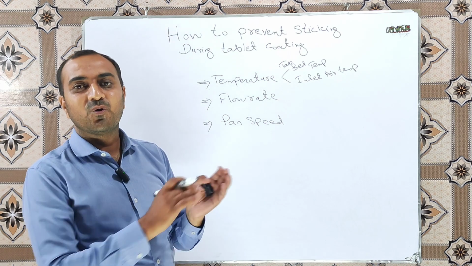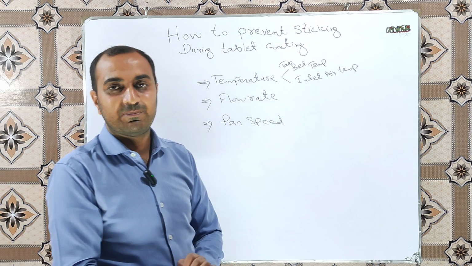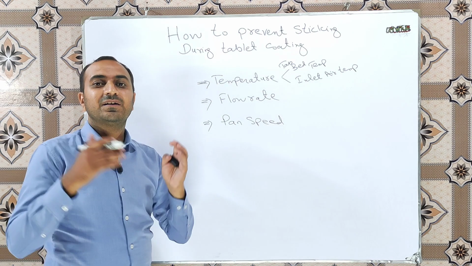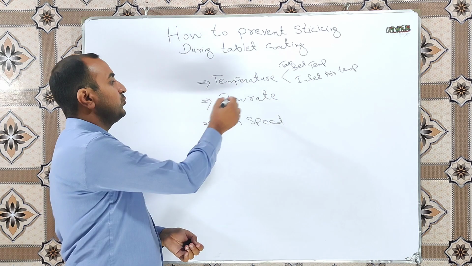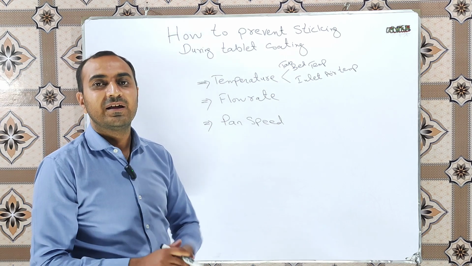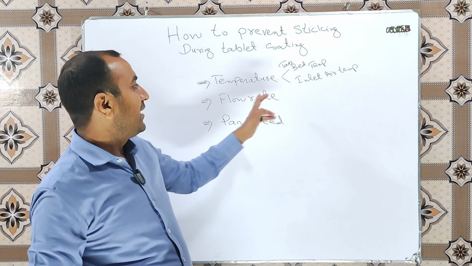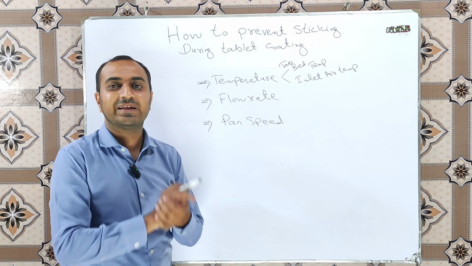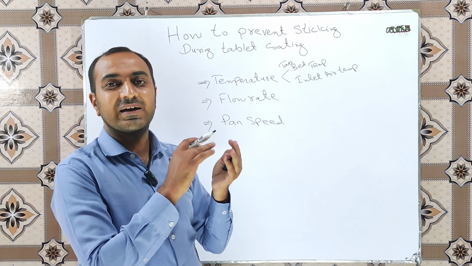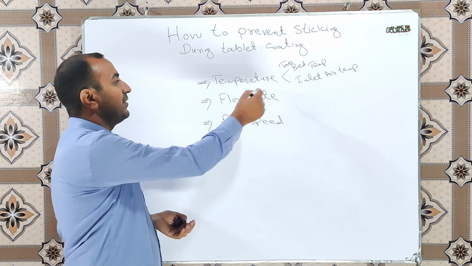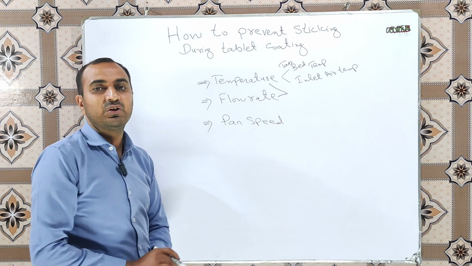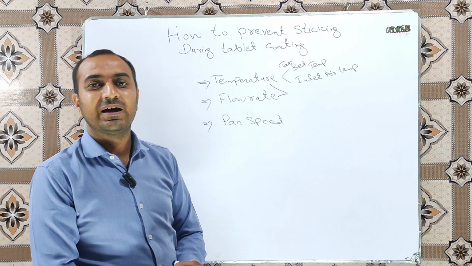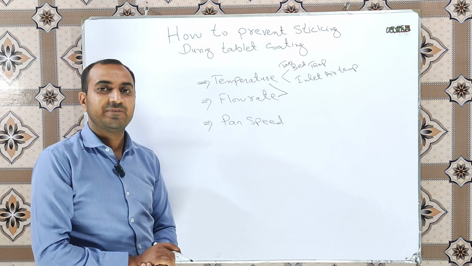But if you are not able to increase the tablet bed temperature, the second alternate choice for you is to decrease the flow rate to the level at which your tablet bed temperature is sufficient to evaporate the solvent. Whenever you create a sync between these 2 points, you will never observe the tablet sticking defect.